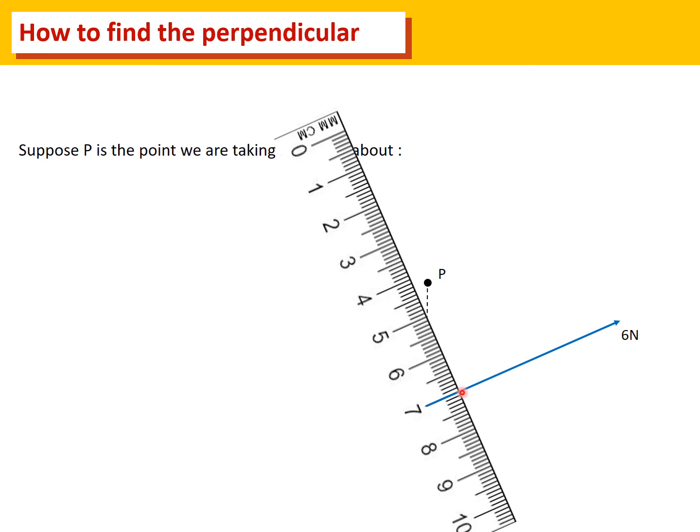What that must mean is the edge of the ruler, which is always perpendicular to these lines, must be perpendicular to this blue force. So it's perpendicular to the line of action of the force. So now what we want to do is to slide our ruler up the force until the edge of the ruler passes through point P, like this.